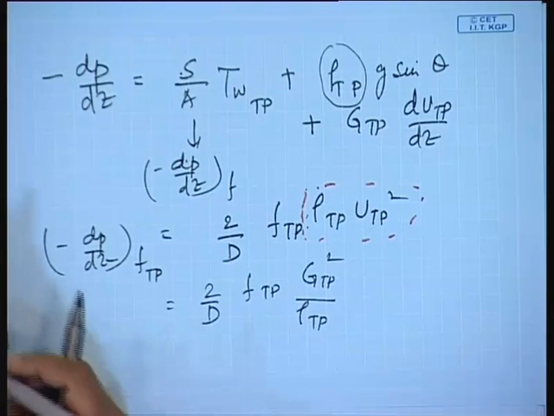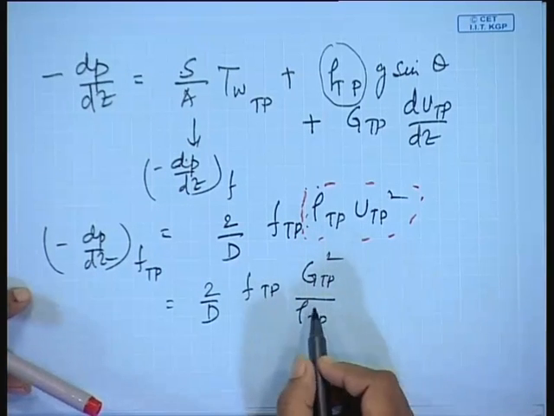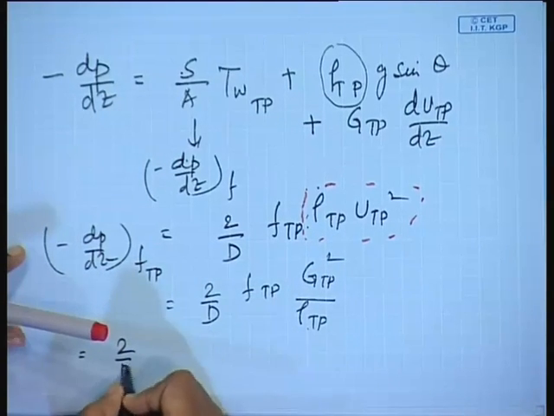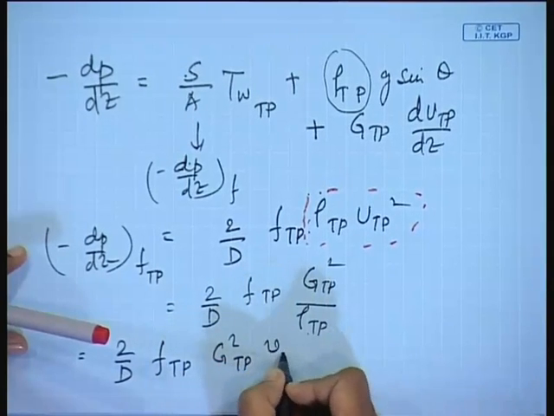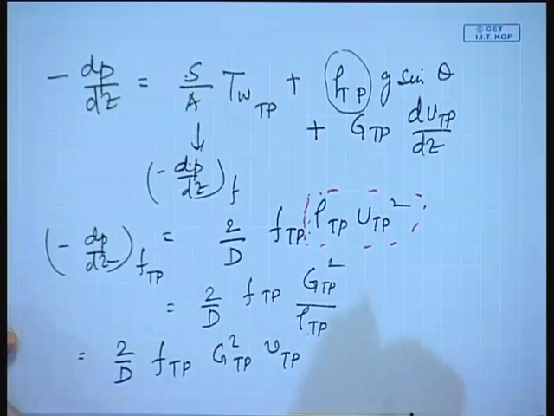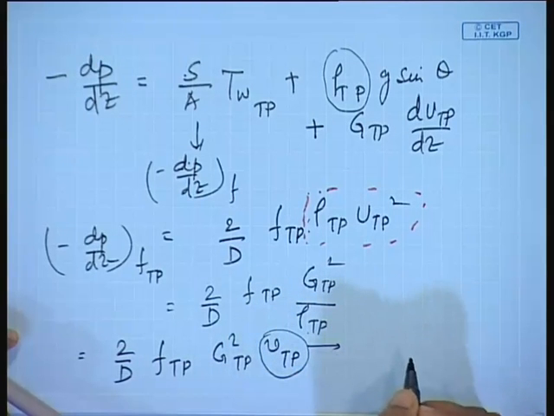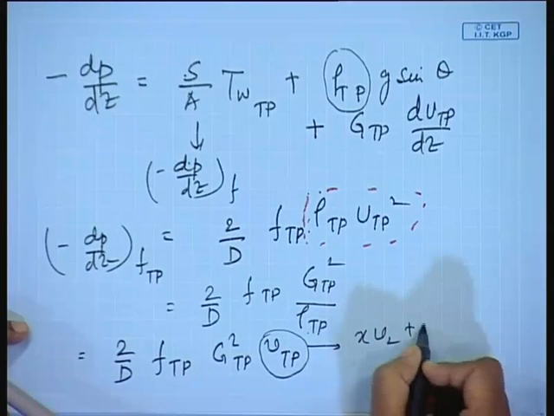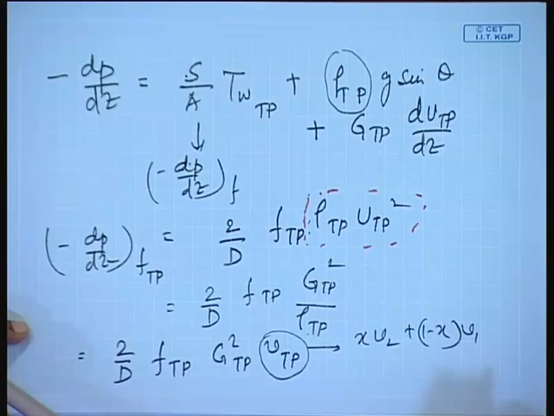Now, as I had already mentioned previously, this 1 by rho TP can also be written down as 2 by d FTP G square, agreed, and this particular term can be defined in terms of quality. So, this can be expressed in this particular form, agreed.